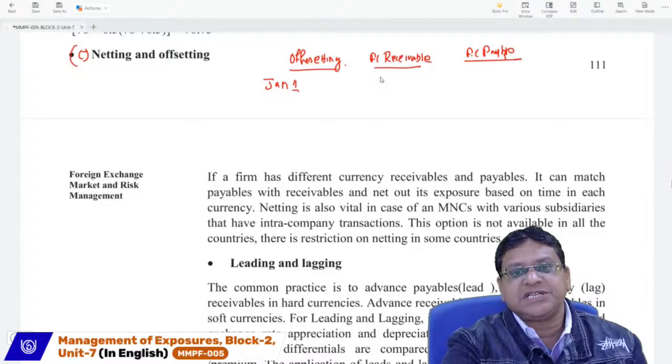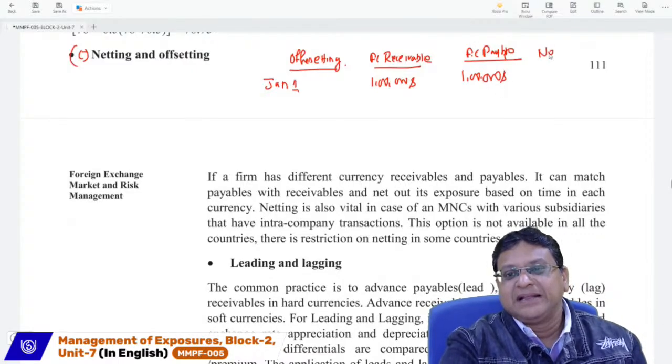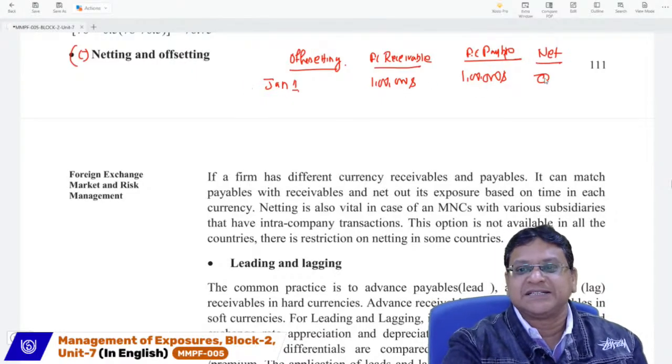You have foreign currency receivable $1 lakh and you have foreign currency payable $1 lakh. What will be your net impact? $1 lakh receivable, $1 lakh payable, net impact is zero and it is offset.